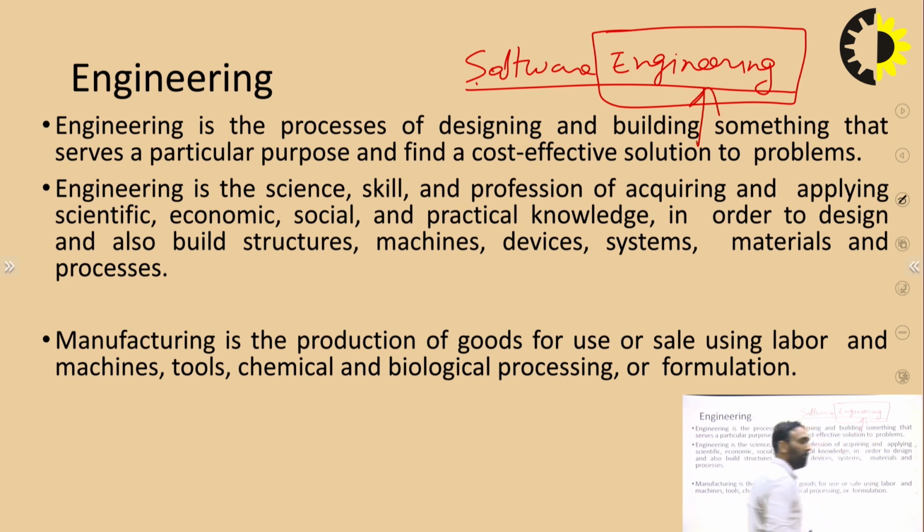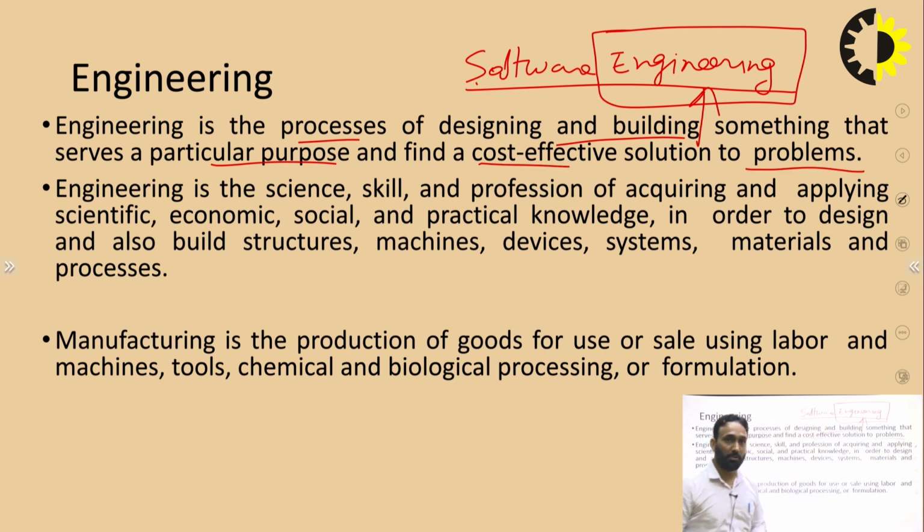So as we know, engineering is how to use scientific methods to get a sustainable solution at low cost. Now we will take the basic understanding of what engineering is. Engineering in a general term is a process of designing and building something that serves a particular purpose and finds a cost effective solution to a problem.